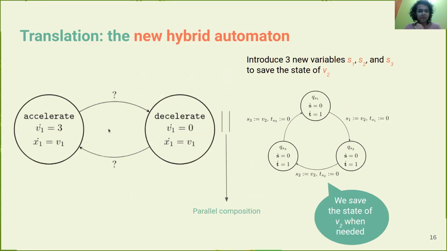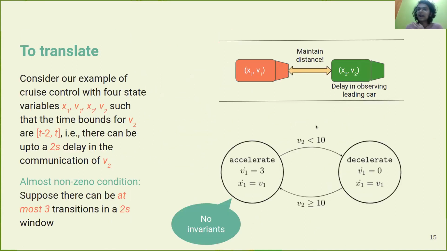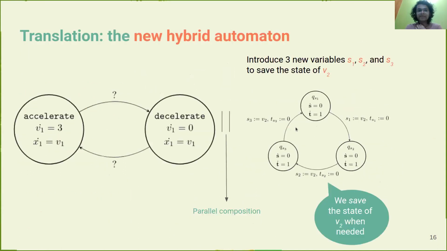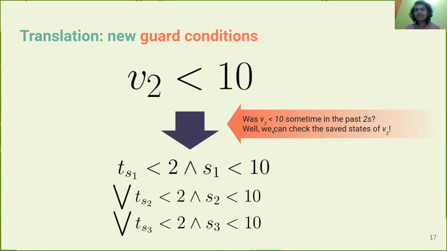Now here you notice that I put question marks on these guard conditions, just because we need to translate the guard conditions that we had previously. Previously we had a guard condition from accelerate to decelerate that V2 has to be less than 10. Now when translated with these delays and using the saved values of V2 in the parallelly running automaton, basically what we need to check is whether V2 was less than 10 at some point within the past 2 seconds.